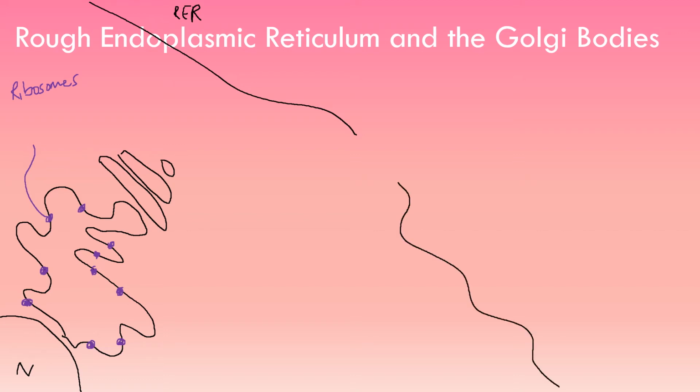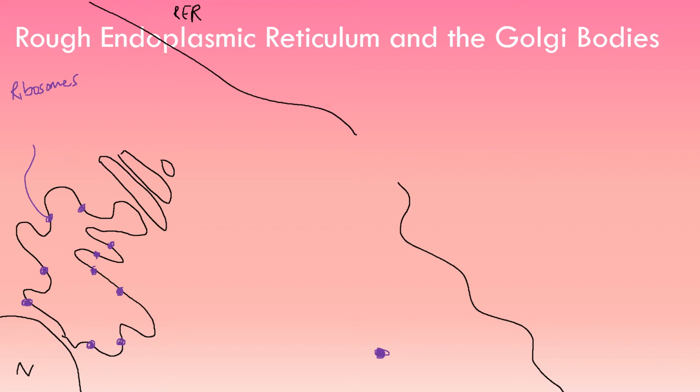Okay, so we're then going to draw these things here, which are the Golgi bodies, and then around the outside of the cell I'm going to draw the cell membrane. This is the plasma membrane. Now remember, I just want to do a recap. The free floating ribosomes are here.